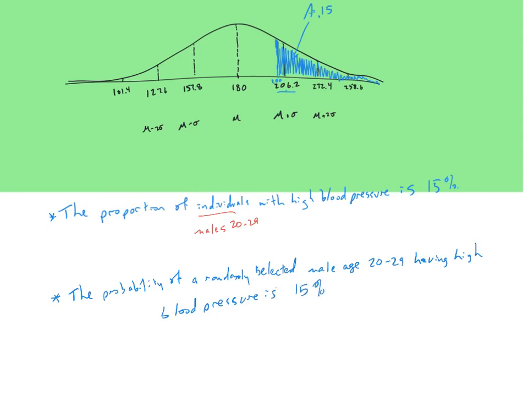Okay, that's the other way to interpret that blue shaded area. But the important thing is we're connecting the area under the curve being either a proportion, a part or a fraction of the population, if you will, or a probability that a randomly selected person has that characteristic. In this case, it's high blood pressure.